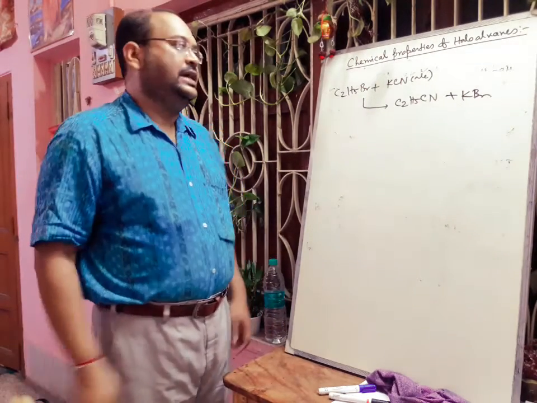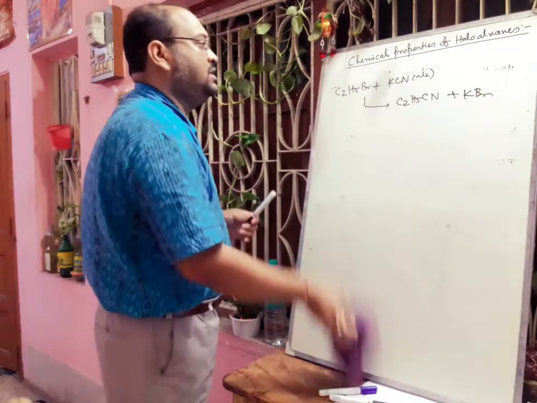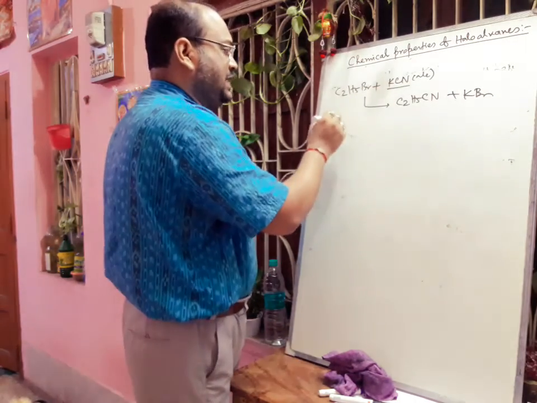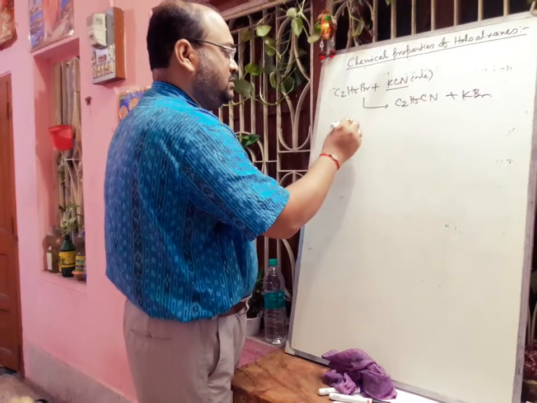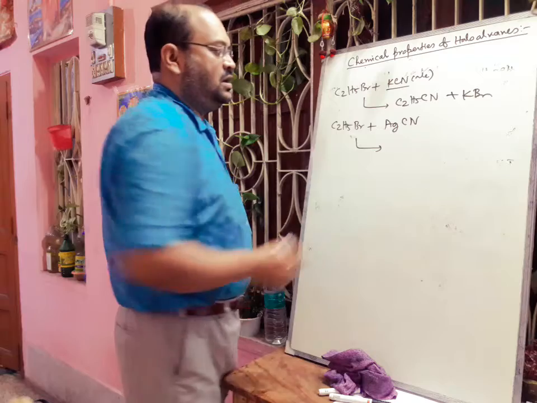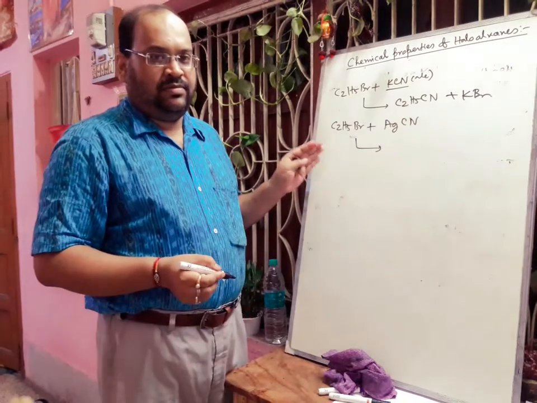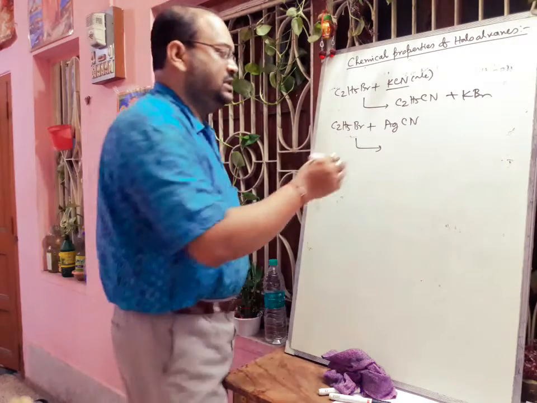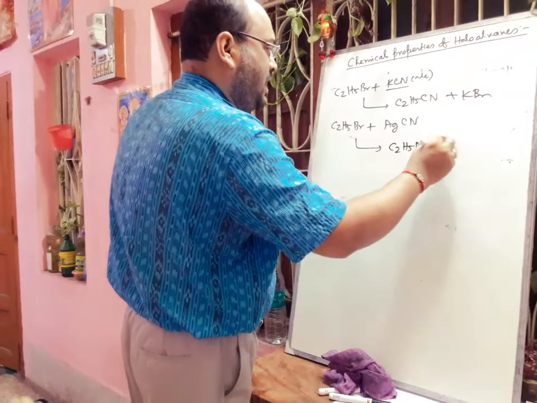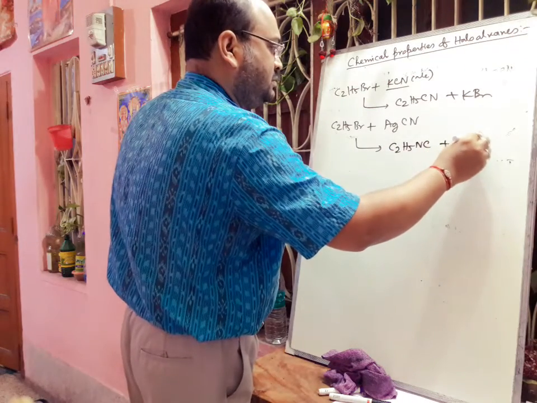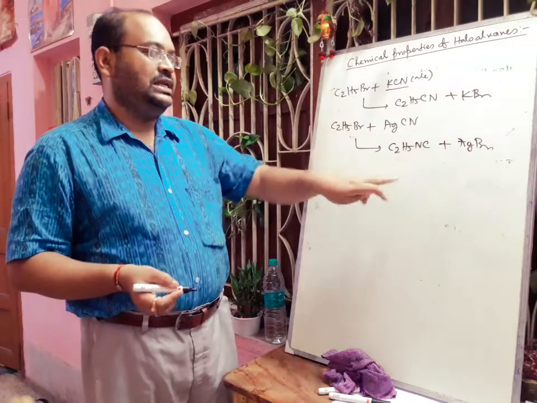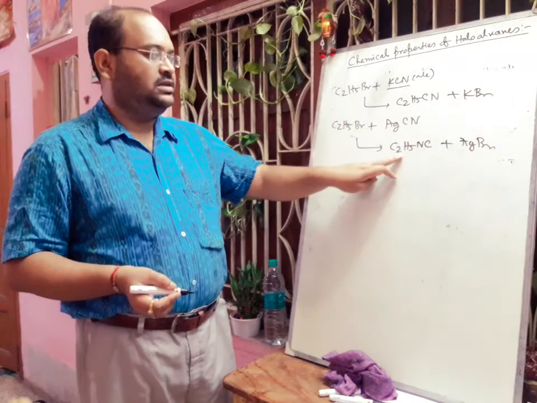Next, if we take silver cyanide, AgCN, in place of potassium cyanide, what will happen? Now, the type of the product will change. Here it will form C2H5NC plus AgBr. Why is this happening? This is called ethyl cyanide and this is called ethyl isocyanide.